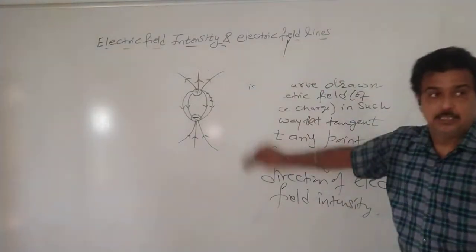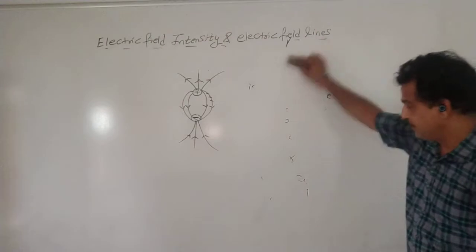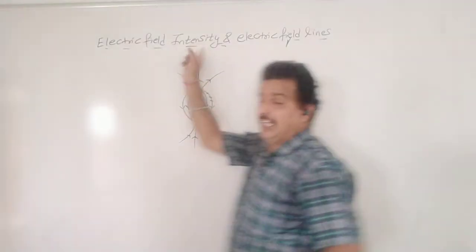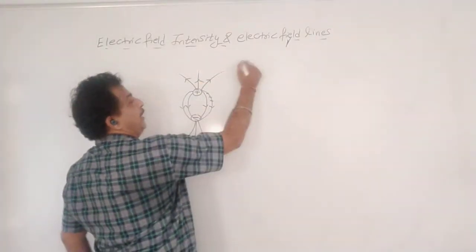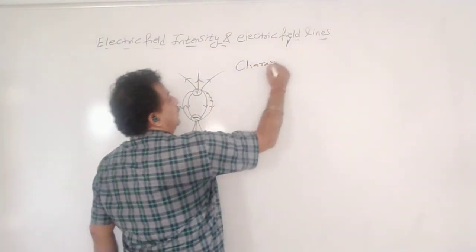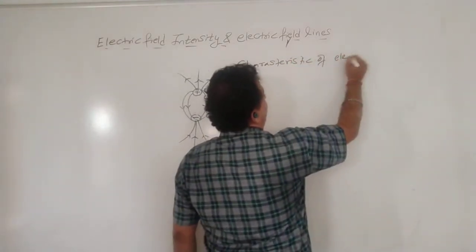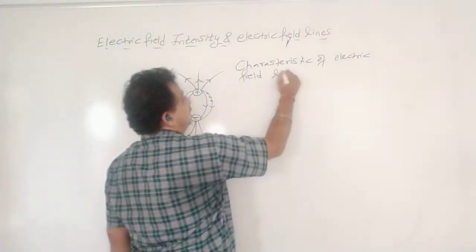So this is what we have for electric field intensity. Now as we have done the characteristics of electric field intensity, we also have characteristics of field line. So we conclude by the characteristics of electric field line.